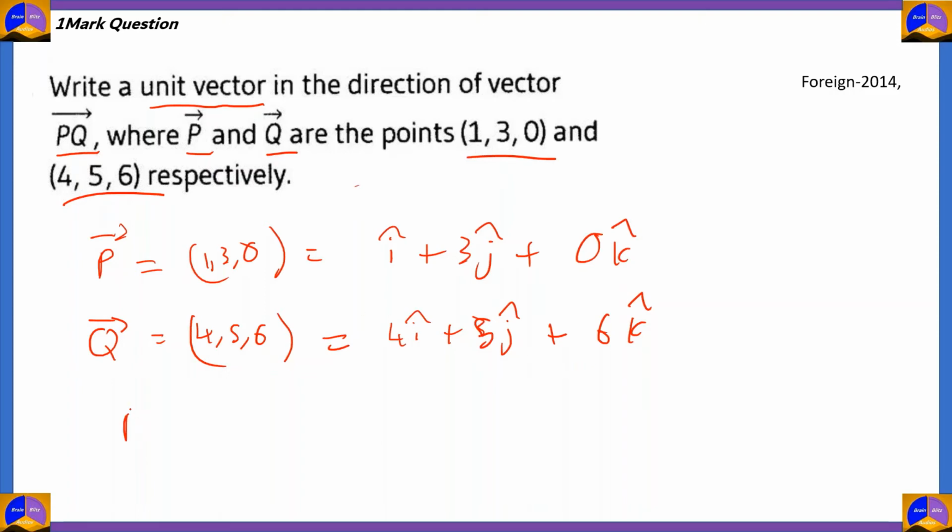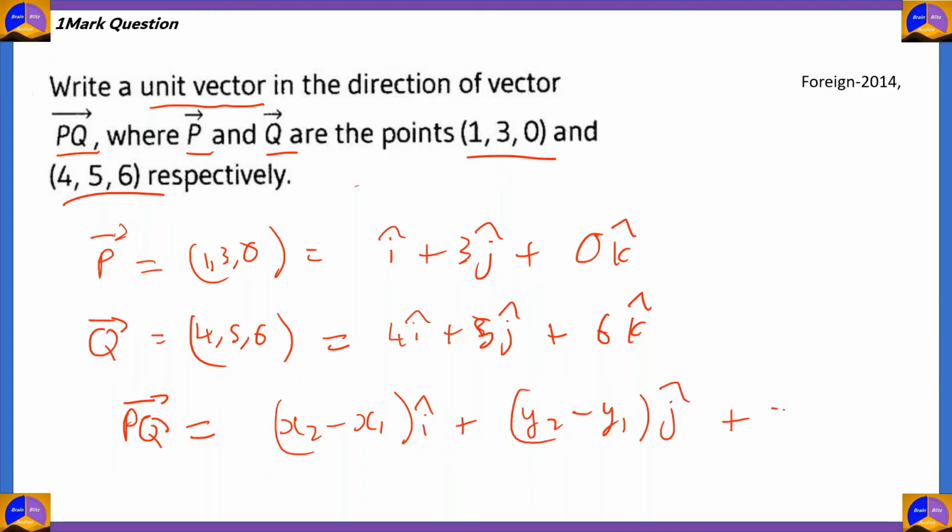Now, to find a vector PQ when the position vectors of its endpoints are given, we use the formula (x2 minus x1) i cap plus (y2 minus y1) j cap plus (z2 minus z1) k cap.